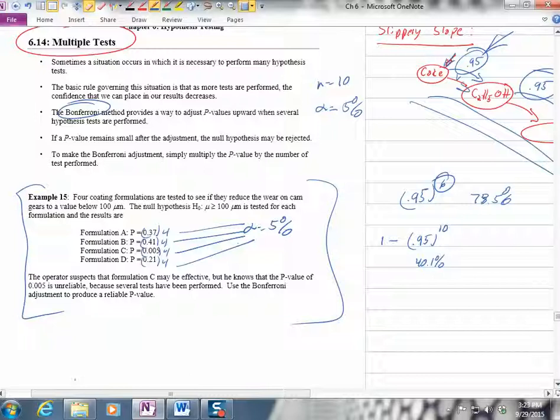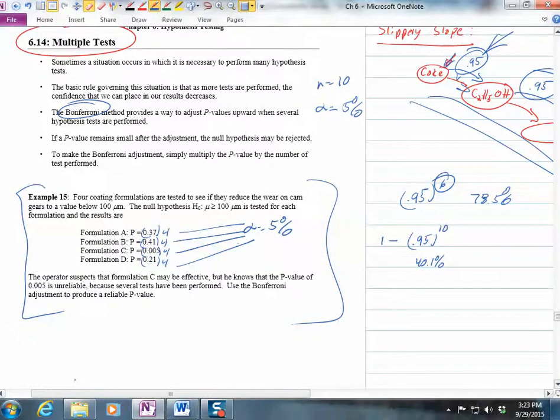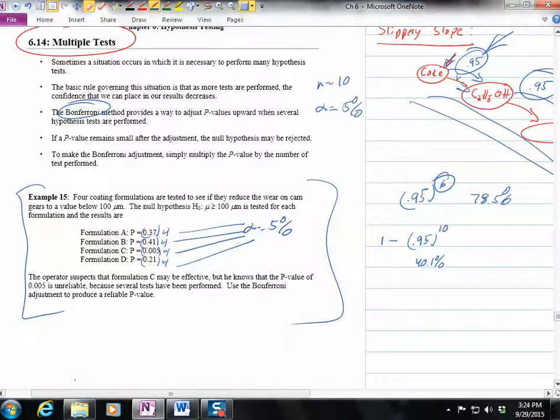The null hypothesis in this case was that it wouldn't be doing anything. But after we take that 0.02 and multiply it by 4, we would say, oh, that's greater than 5%, therefore we wouldn't say that formulation A is doing something. And this Bonferroni method is just a very general kind of first pass correction for the multiple testing problem. We're not going to do a whole lot with it now, but we will revisit it later.